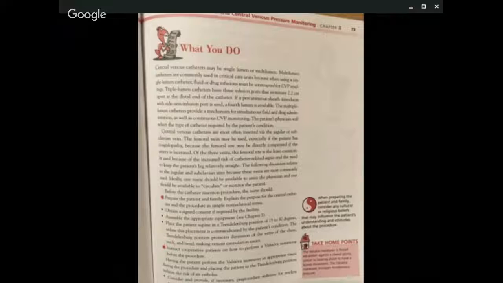Also, you instruct cooperative patients on how to perform a Valsalva maneuver before the procedure. The Valsalva maneuver is forced exhalation against a closed glottis, similar to bearing down to have a bowel movement. The Valsalva maneuver increases intrathoracic pressure.